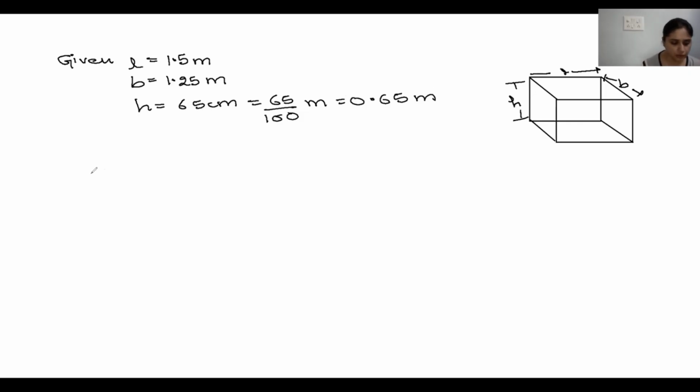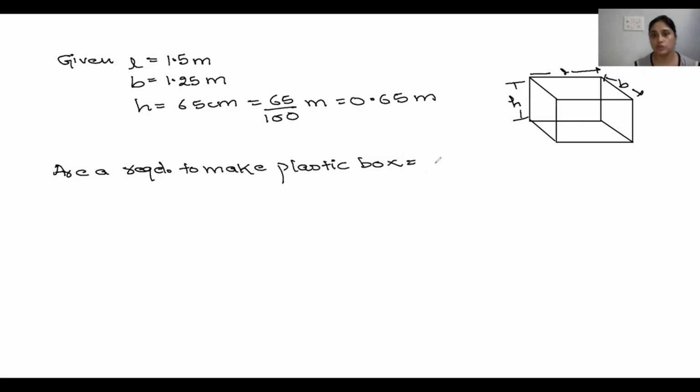So we need to find out the area, right? We need to find out the area of the plastic box. So basically, how I'm going to put it, bacha: area required to make the plastic box, right? जो एरिया ऑफ 4 वॉल्स होती हैं उसको तो हम कर्व सरफेस एरिया बोलते हैं या फिर हम उसको लिटरल सरफेस एरिया बोलते हैं. प्लस जो हमारा टॉप है that is empty, so we are not going to consider it.